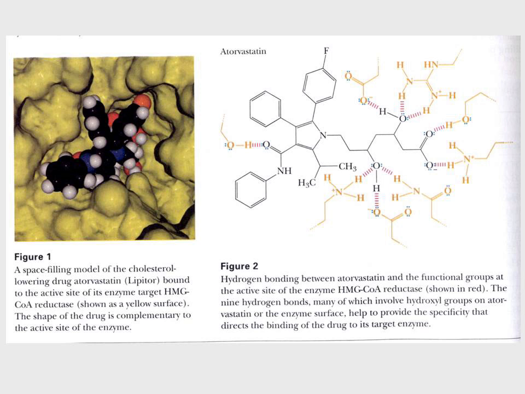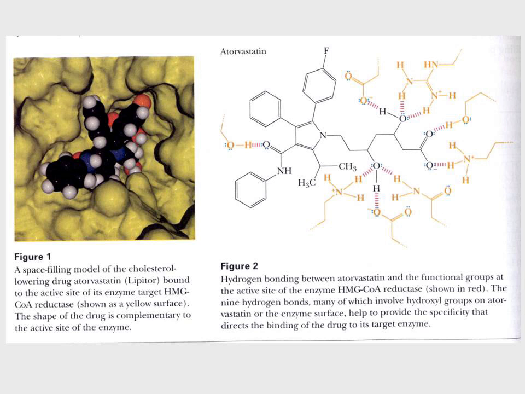To do so, it has to fit into the pocket and also should form strong bonds with the side chains that make up the pocket. So, as I said, the pocket is not a neutral surface. It is formed by a lot of side chains of the amino acids, which can potentially form hydrogen bonds, and other bonds also, but mostly hydrogen bonds. The hydrogen bonds are an important type of bonds that play a role in these types of reactions.